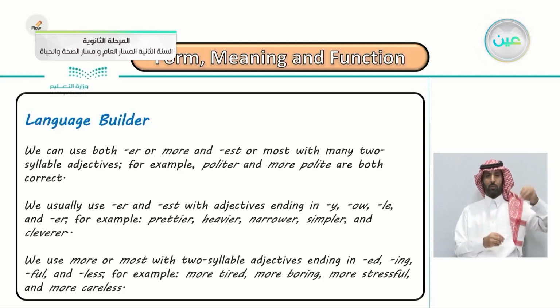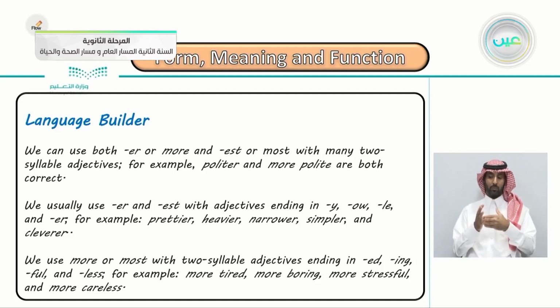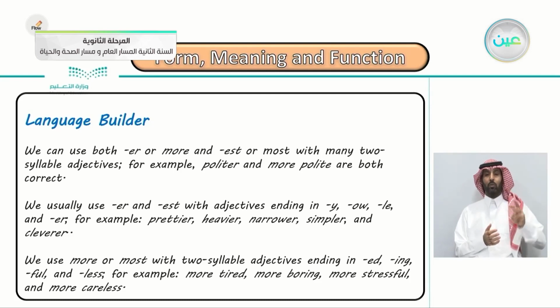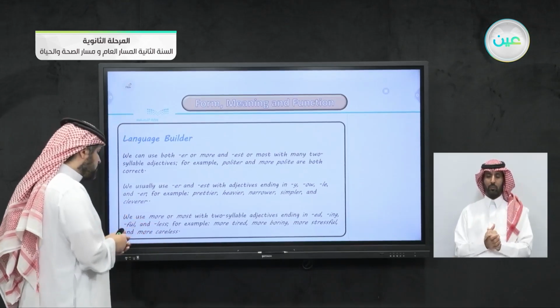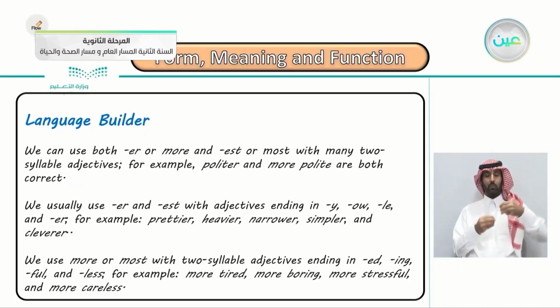We usually use ER and EST with adjectives ending in Y, OW, LE, and ER. For example, pretty, prettier, heavier, narrower, simpler, and cleverer. The third part, we use more or most with 2-syllable adjectives ending in ED, ING, FUL, and less.